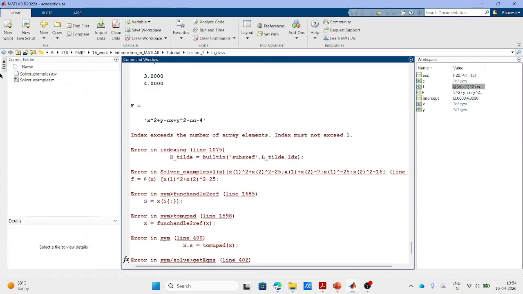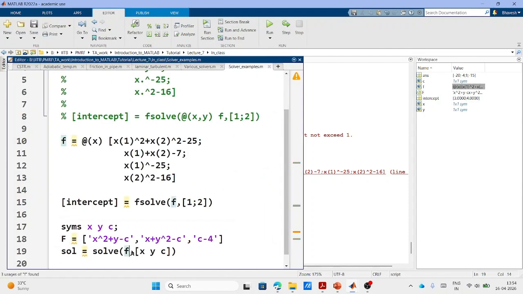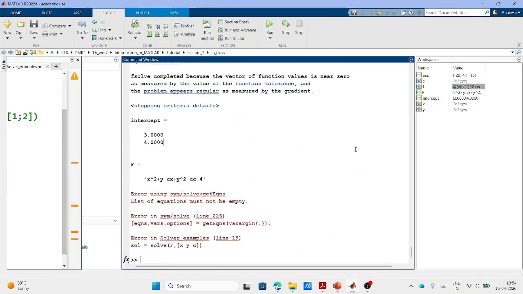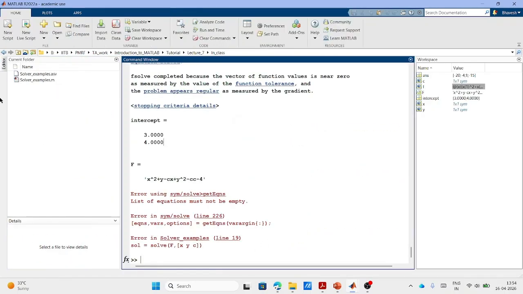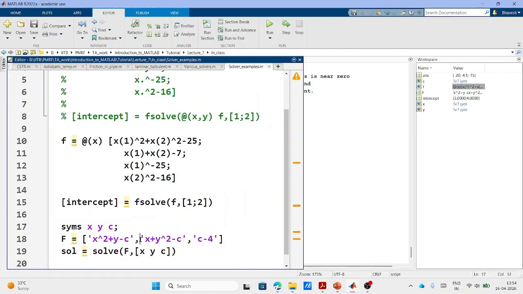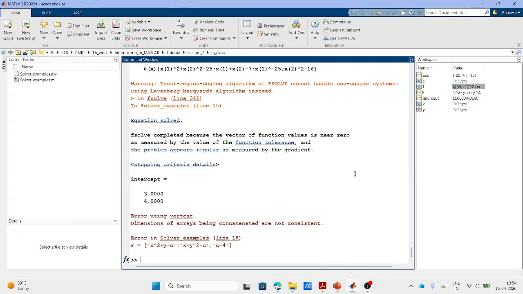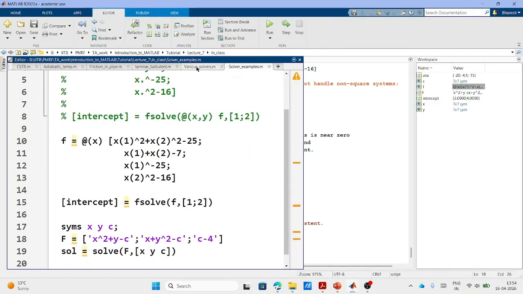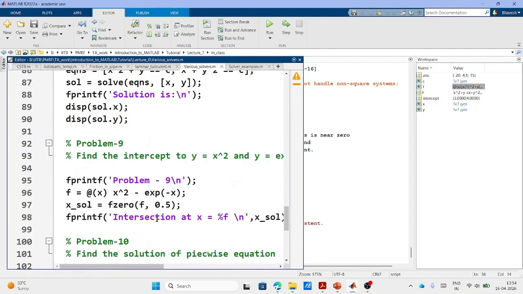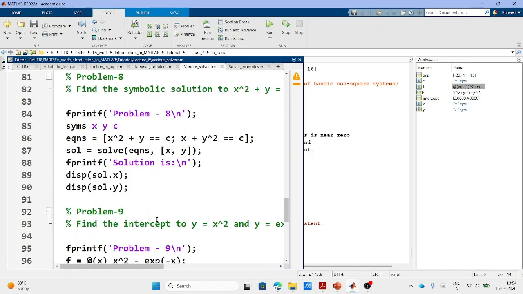So my function is this, and then if I run it, let me separate them column wise and see. Oh yeah, sorry. Again, this is my mistake.